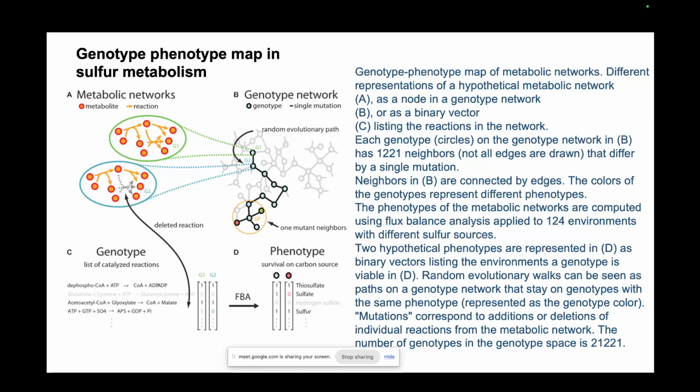Two hypothetical phenotypes are represented as binary vectors listing the environments in which the genotype is viable. The random evolutionary walks can be seen as a path on a genotype network that stays on genotypes with the same phenotype, and mutations correspond to additions or deletions of individual reactions from the metabolic network. And the total number of genotypes is around 21,000 here.